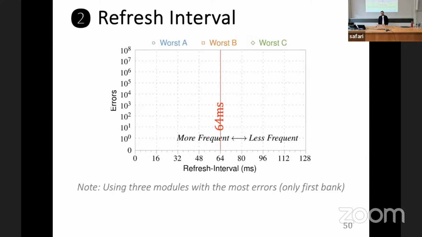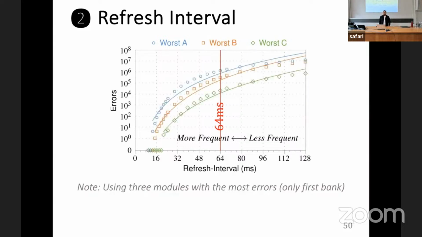So we looked at the refresh interval, basically. This is the nominal refresh rate. Since a DRAM chip is volatile, you have to refresh your data inside the DRAM chip every 64 milliseconds, right? Based on these experimental data, you can see that if we refresh our chips more frequently, then we have fewer bit flips. And if we refresh them very frequently, maybe we can get rid of these bit flips.